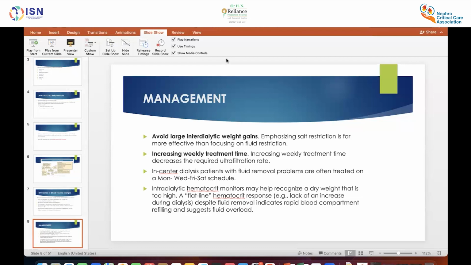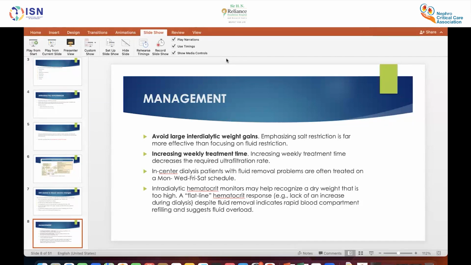What is the normal hematocrit of our body? 40 to 44%, yes. So at the beginning of the dialysis, the hematocrit reading is like 44.